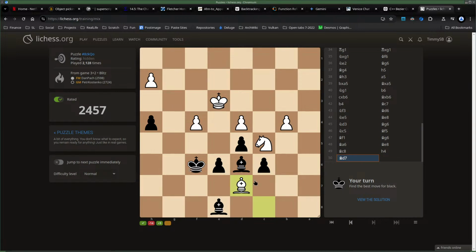Or not. So it takes here, I take this pawn. Bishop goes here maybe, king goes here. Pawn goes up. No, nothing.